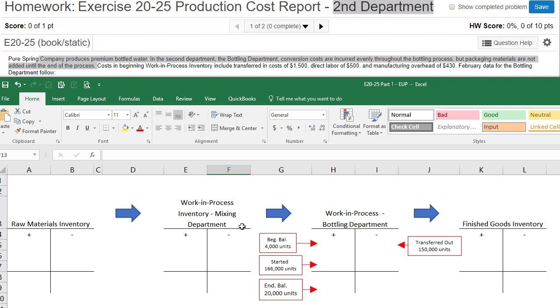So in the first process, they mix the raw materials. The second process, which is what we're doing this production cost report for, is the bottling department. So they take the units from the mixing department, the mixed liquid, and they put them in the bottle. And the bottle is the only direct material in the bottling department, and that comes at the very end of the process. And then from there, once they're bottled, they go into the finished goods inventory.